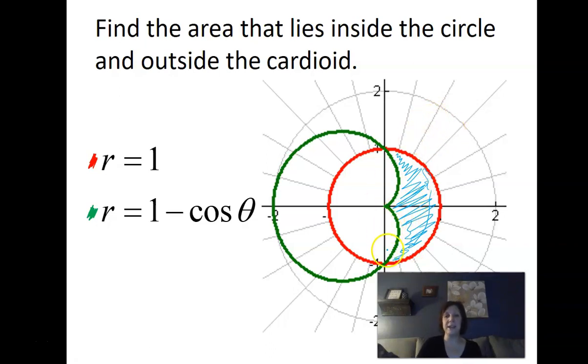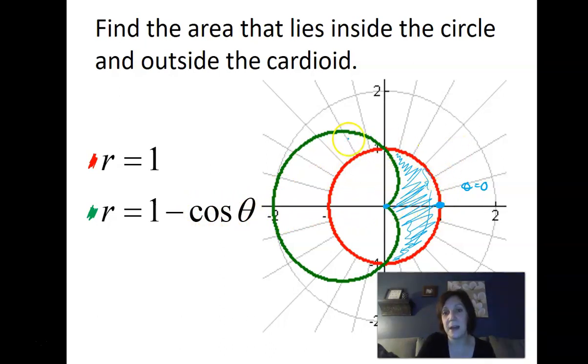Now, you can see, and we can test the values here, right? But you can see this area looks like it goes from 3 pi over 2 up to pi over 2, right? I am inclined to say, well, let's go from 0, right? At theta equals 0, the circle will be at 1, yes, and the cardioid will be at 0, and that's what's going on here, right?